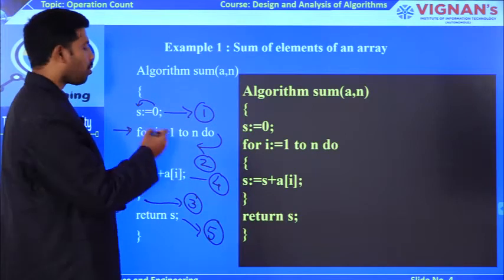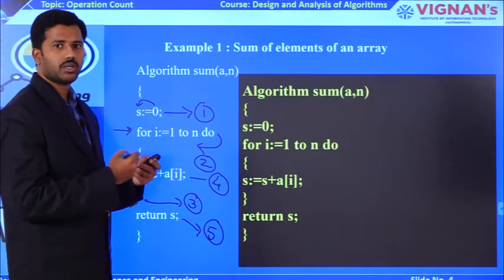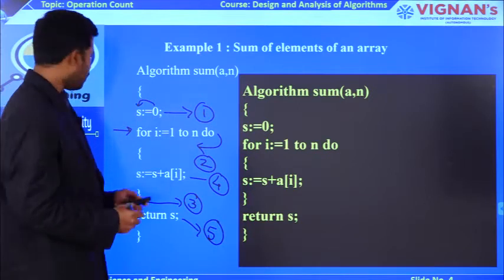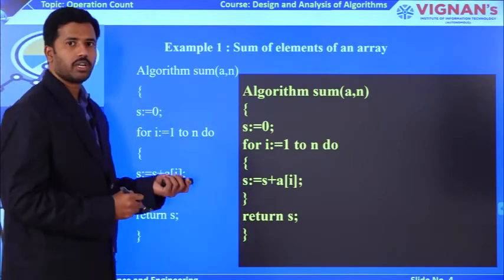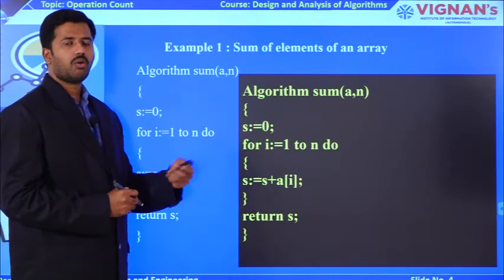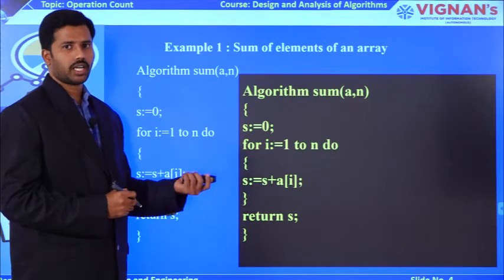Based on the number of times a statement executes, that many times the count variable is incremented. Now observe how the count variable is declared for the corresponding operation, and how it is updated to get the total time complexity.